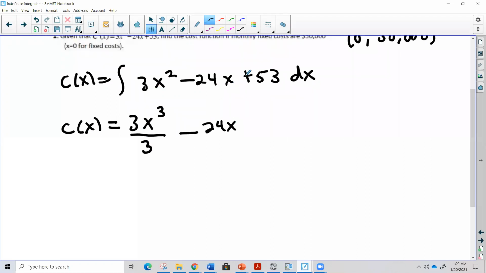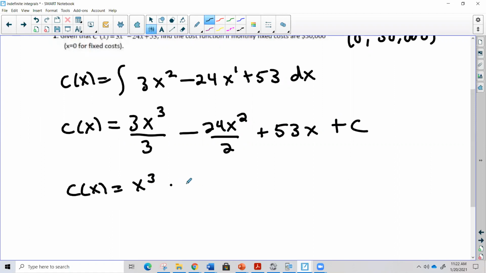If we don't write it, it's a 1. So 1 plus 1 is 2 over 2, and the integral of a constant is that constant times x, and then don't forget to put plus c. So we get x cubed minus 12x squared plus 53x plus c.